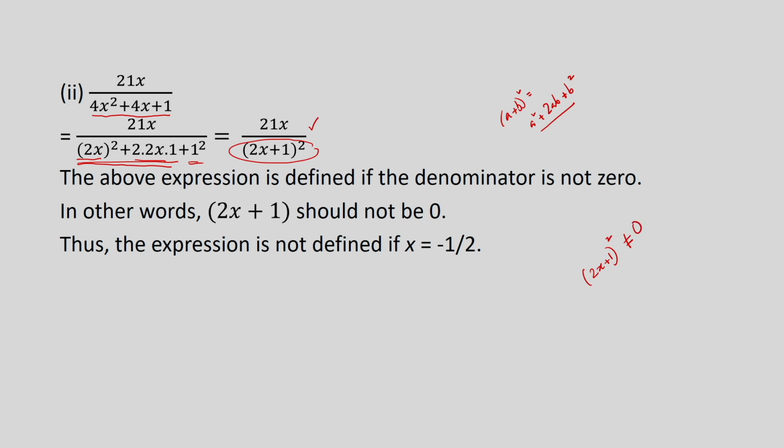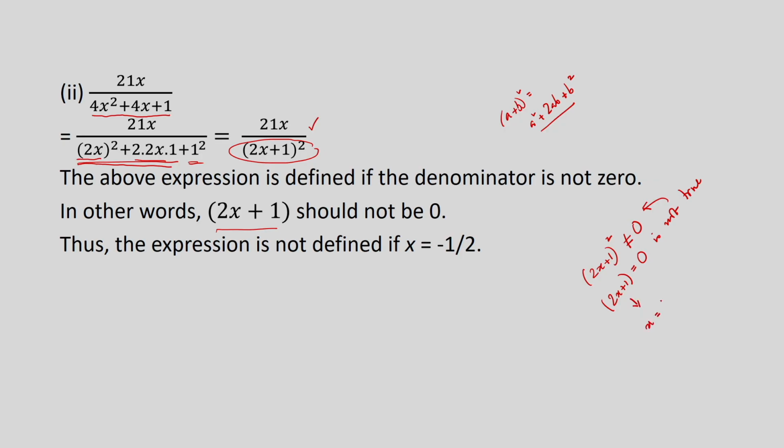Now, this can be equal to 0 if 2x plus 1 is equal to 0, right. So, only then are you going to get this. In other words, that is why I have written here that 2x plus 1 should not be equal to 0. So, 2x plus 1 equal to 0 will land us in problem, and therefore, I can simplify this a bit.